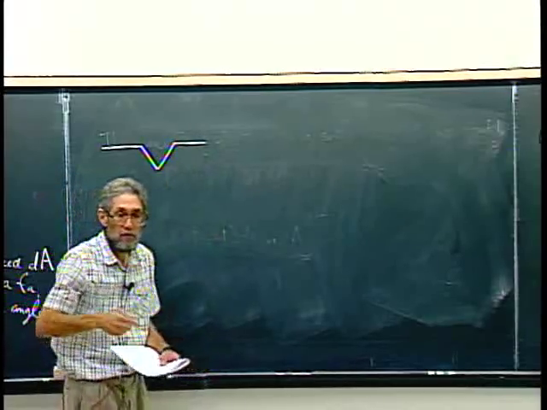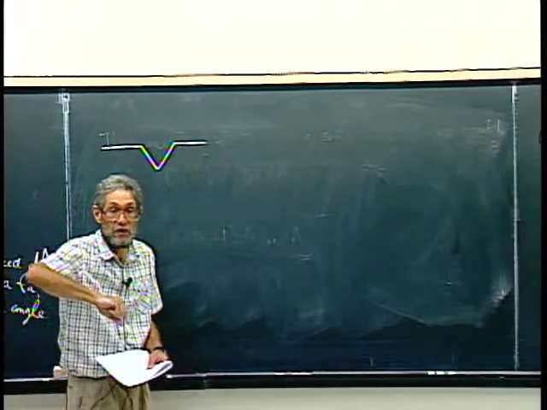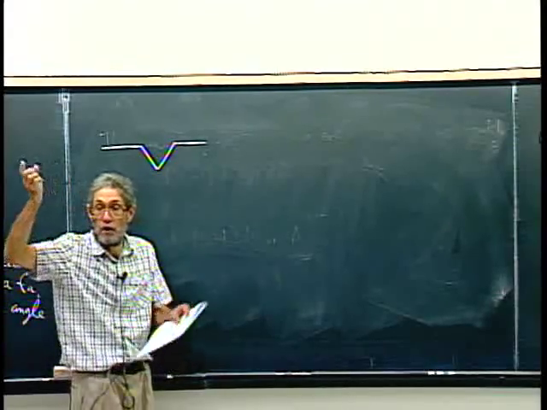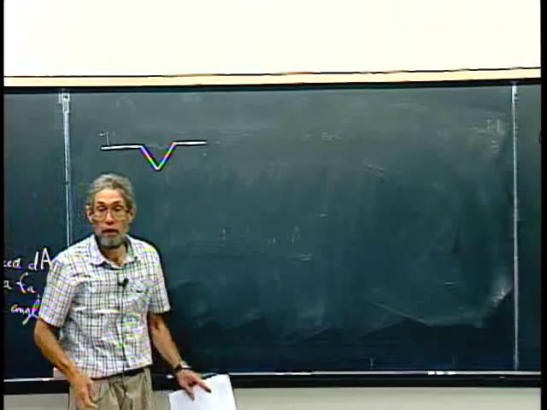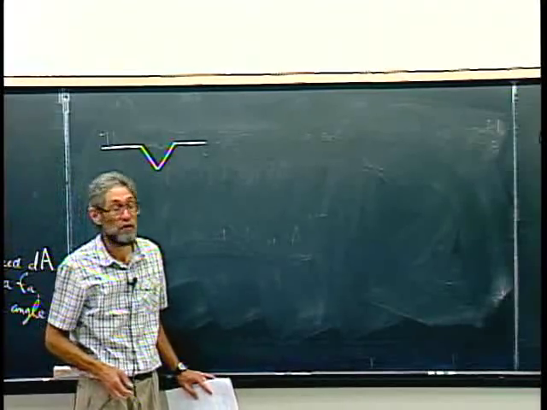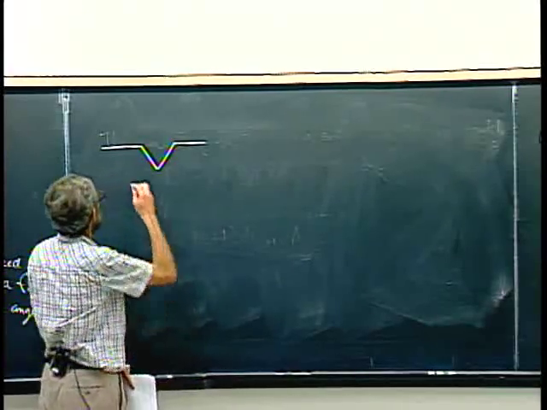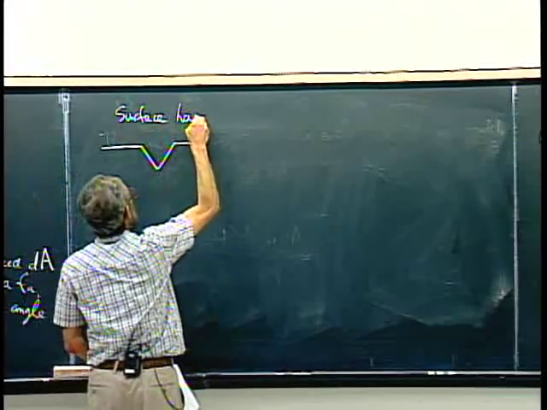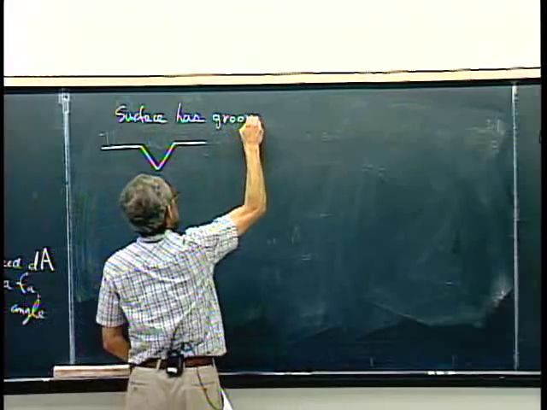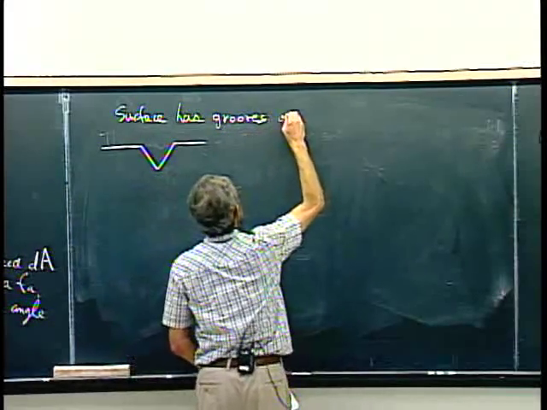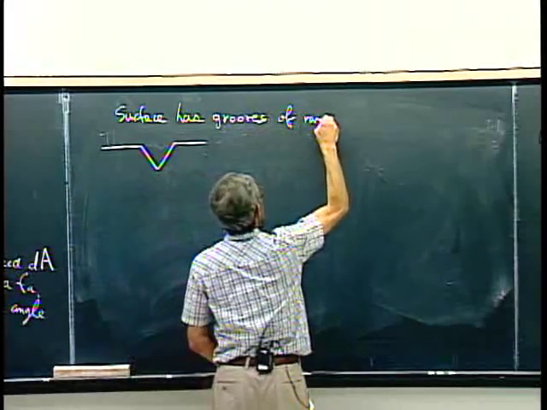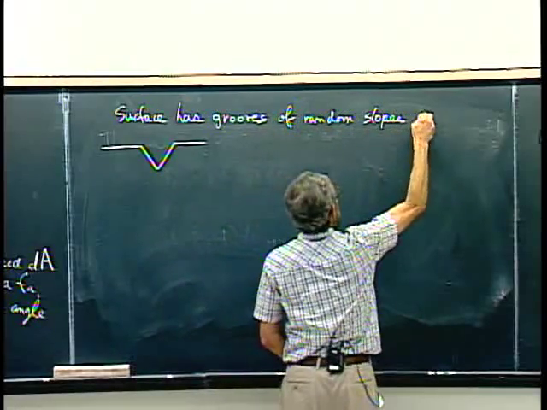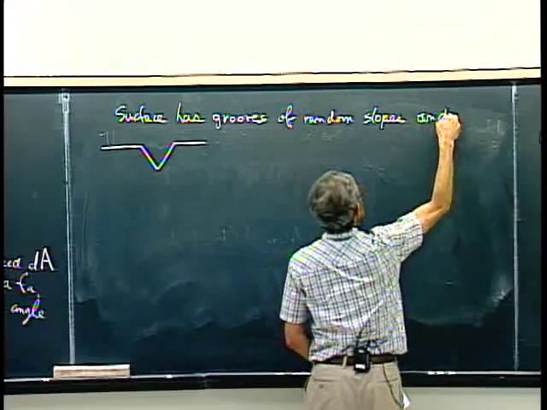It's like this surface was machined in random directions by some sort of sandpaper or milling machine that cut these grooves with equal slope on both sides randomly into the surface. And so the surface has grooves of random slopes and orientations.